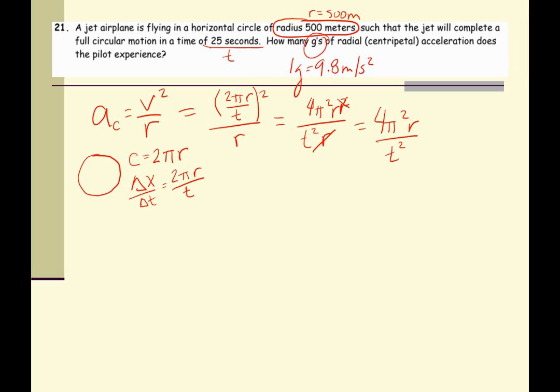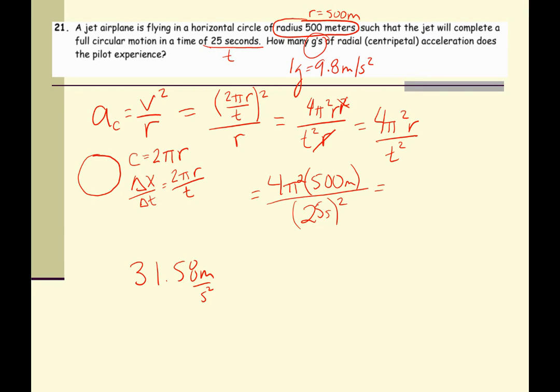Okay, that's going to give me 4 pi squared, r is going to be 500 meters. We don't want to forget the square on the pi, divided by 25 seconds, squared. Okay, so that's going to end up giving me 31.58 meters per second squared.